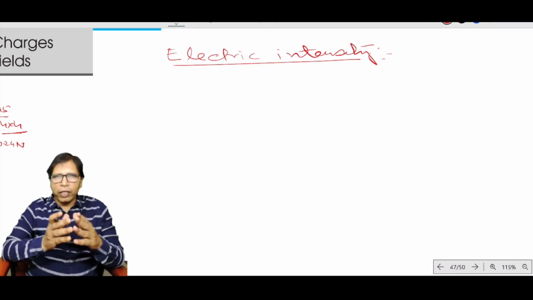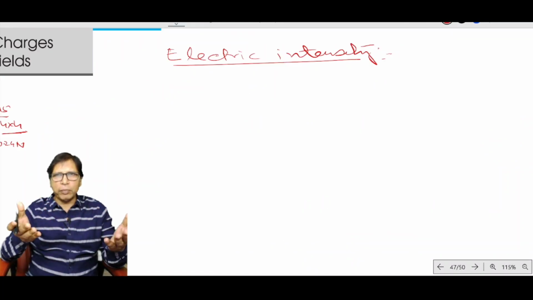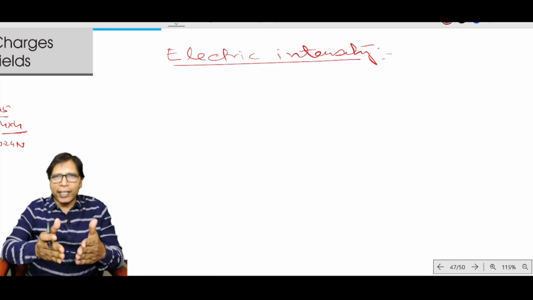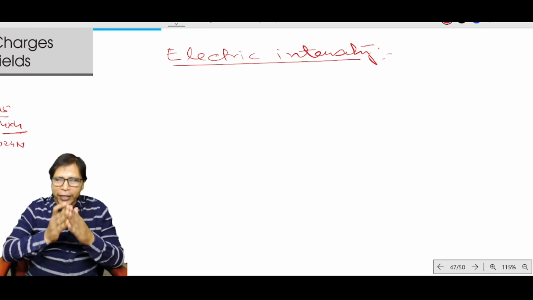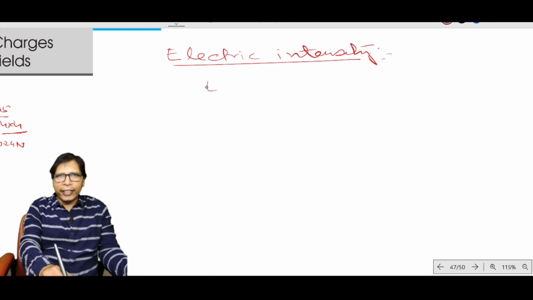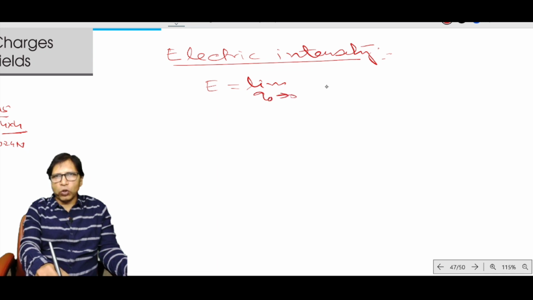Now electric intensity. First of all, the definition. Electric intensity is the force per unit charge acting on a vanishingly small test charge. Electric intensity is equal to the limit as Q naught tends to 0 of F by Q naught.